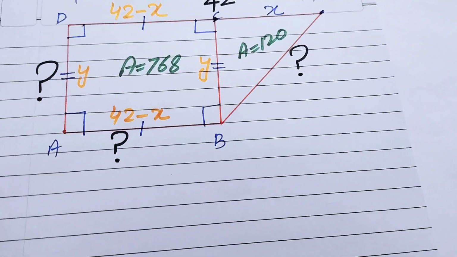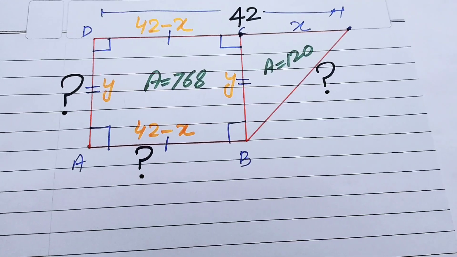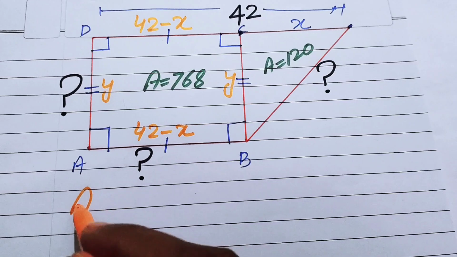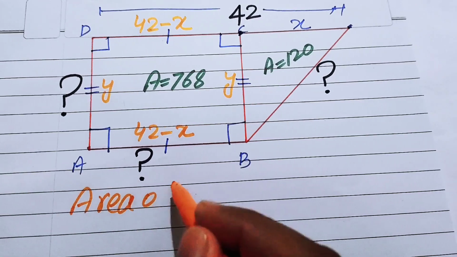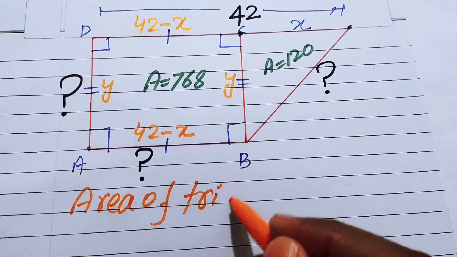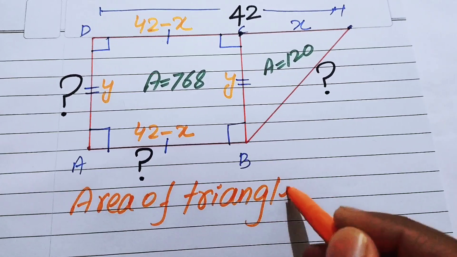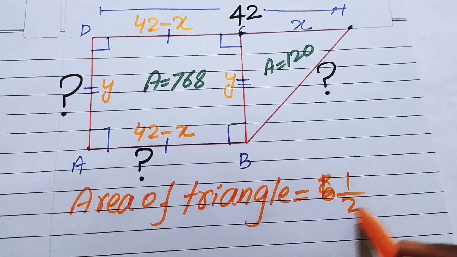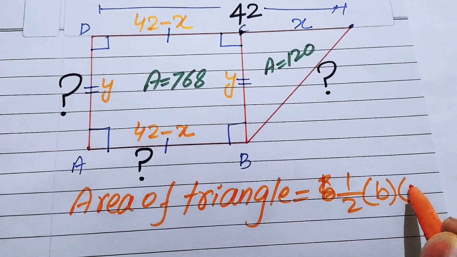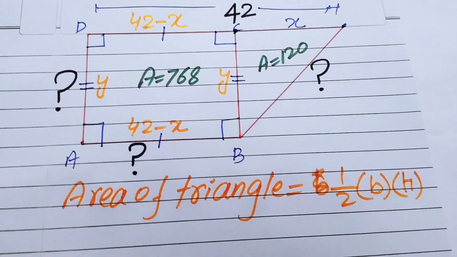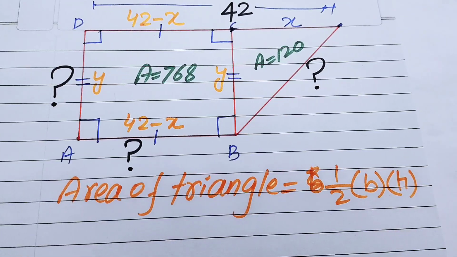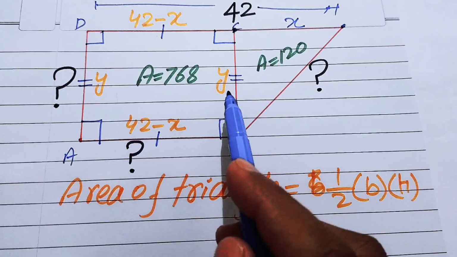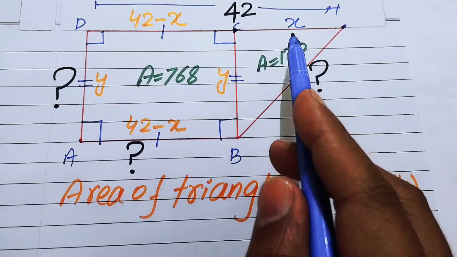Now we use the formula for the area of a triangle. The area of a triangle equals half times base multiplied by height. We focus on the given triangle and find our base and height. This is our base, which is x, and this is the height, which is y.